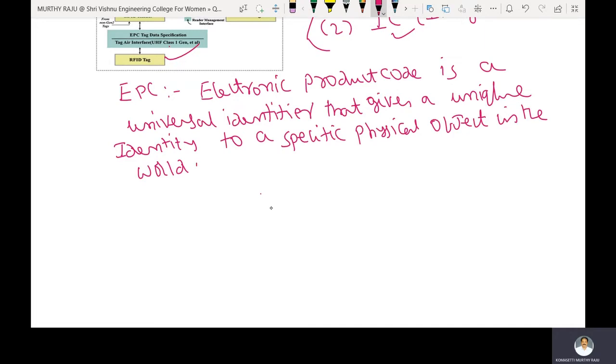Different types of fields are there in the 96-bit format. These EPC electronic product codes are encoded on RFID tags, which can be used to track all kinds of objects, including trade items, fixed assets, documents, or reusable transport items. This 96-bit format code is encoded on the RFID tags.